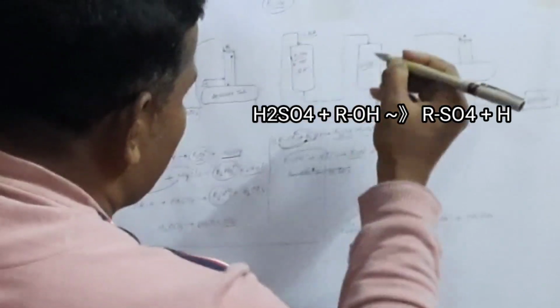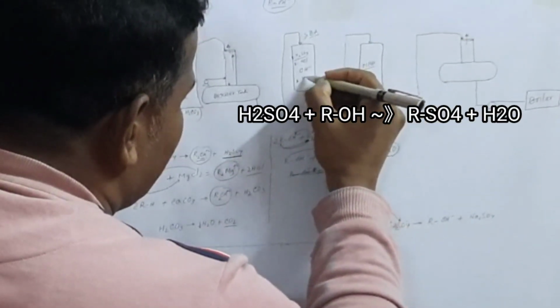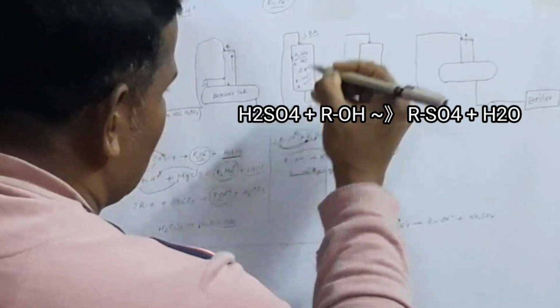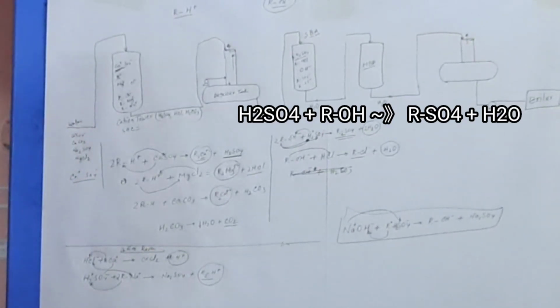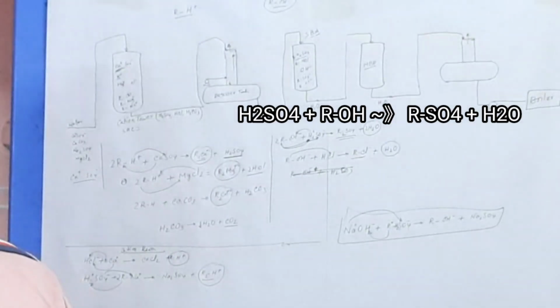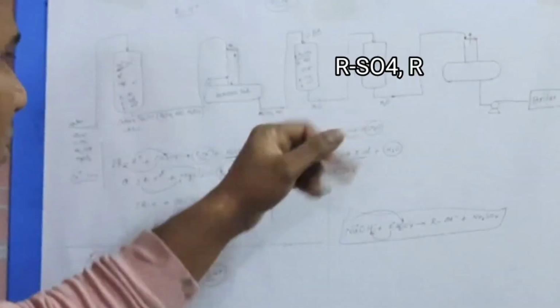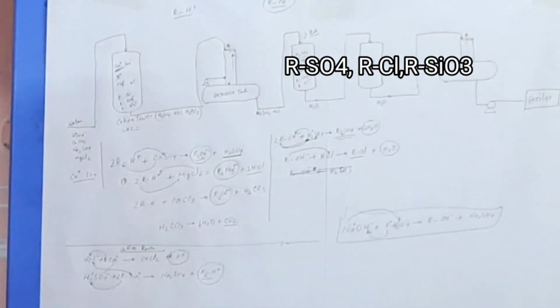On the anion tower, normally sulfate and chloride are available. So negative ions are already present with the resin. Which types of negative ion are present? Sulfate, chloride and silicate are absorbed on the anion tower.